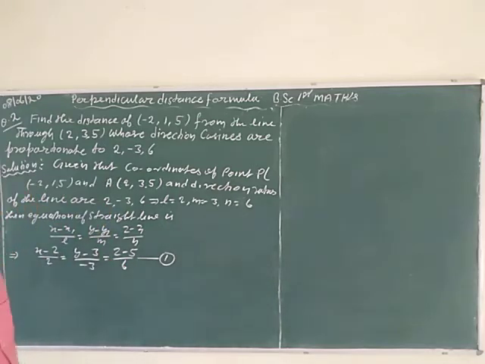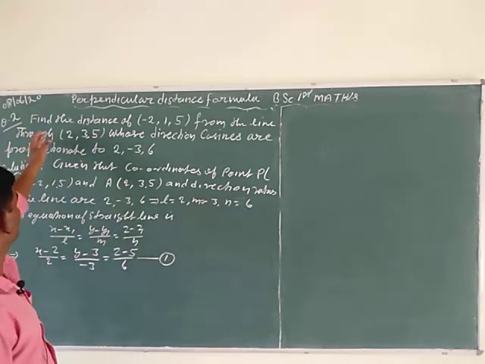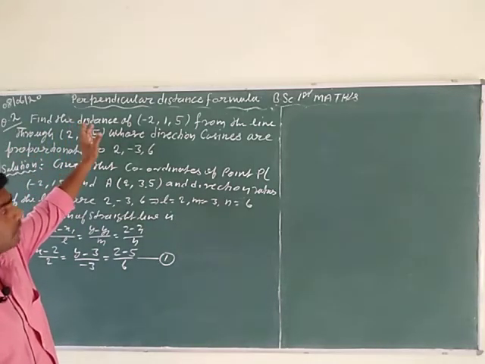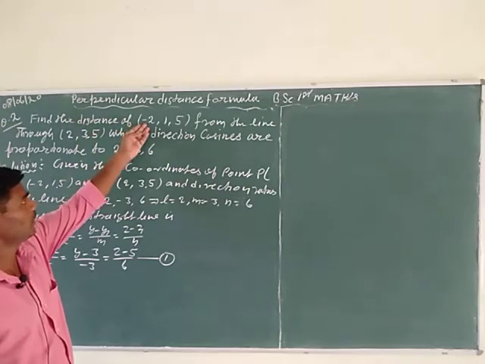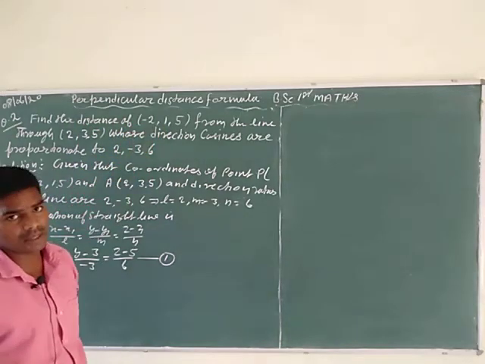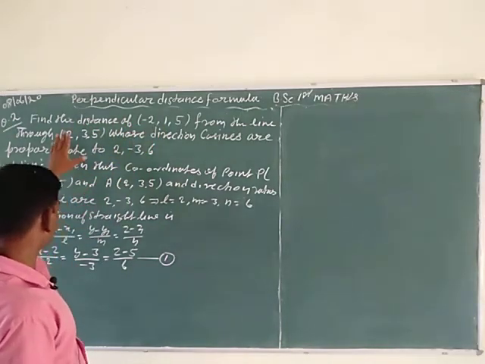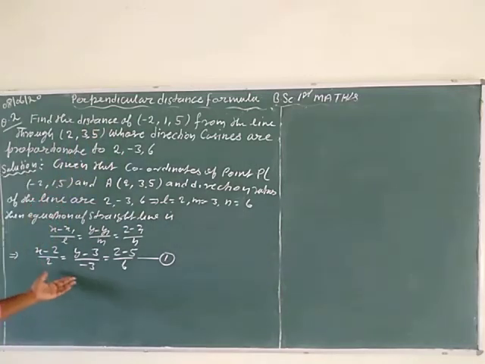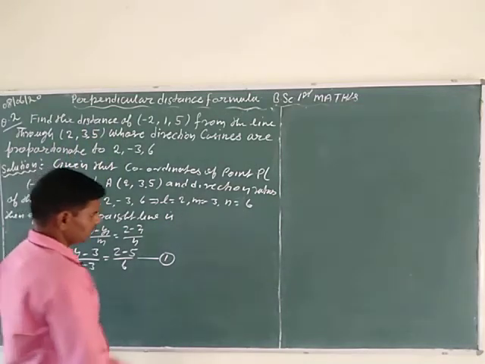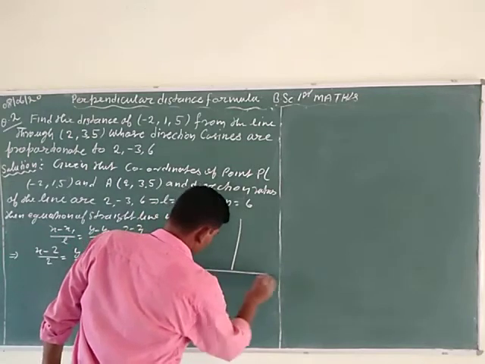According to the question, first draw a figure. In the question, calculate the perpendicular distance, find the distance. Distance means the perpendicular distance from the point minus 2, 1, 5, meaning point capital P, to the straight line, which is represented by the first line. So please draw a figure according to the question.